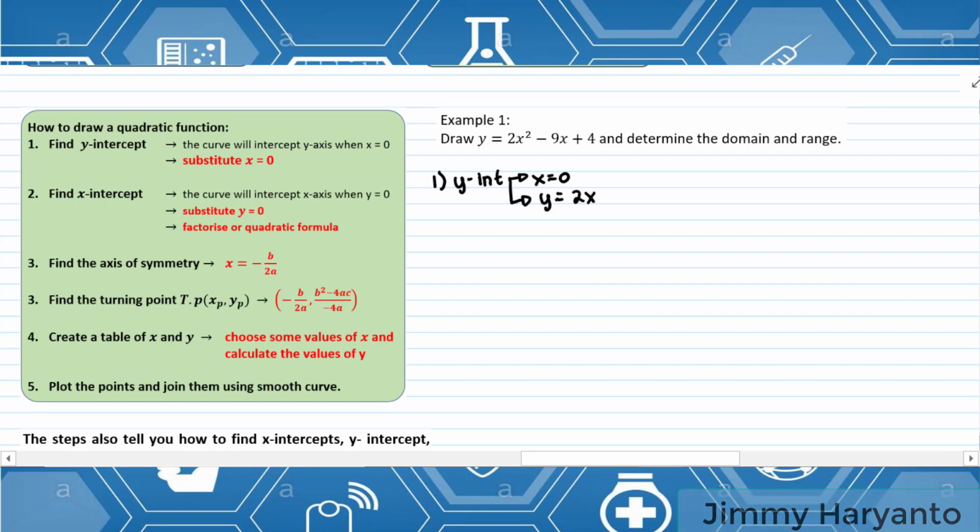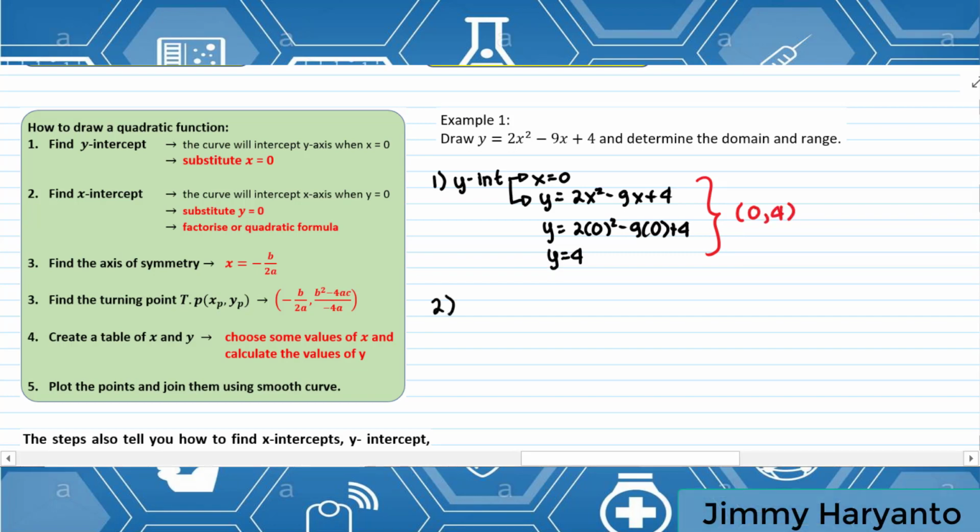Y equals 2x squared minus 9x plus 4. I put 0 into x: 2 times 0 squared minus 9 times 0, plus 4. I will get y equals 4. From the first step, I get 1 point, or 1 coordinate, which is (0, 4).